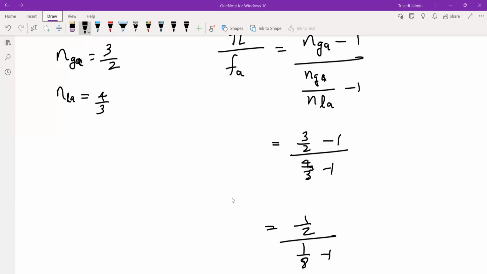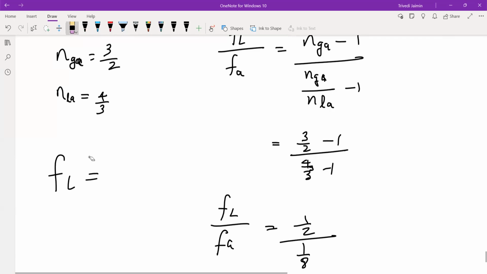So it is F of liquid by F of air. So F of liquid equals, I'm already writing the minus 1, by 3/2.